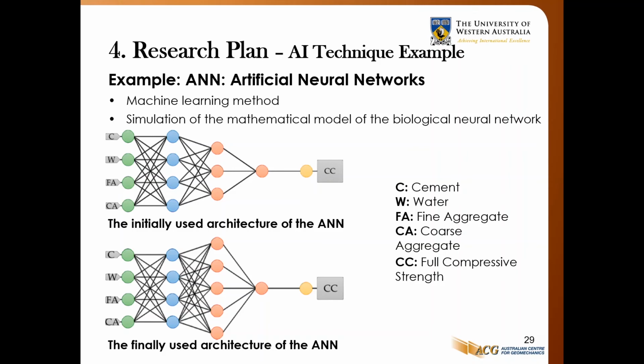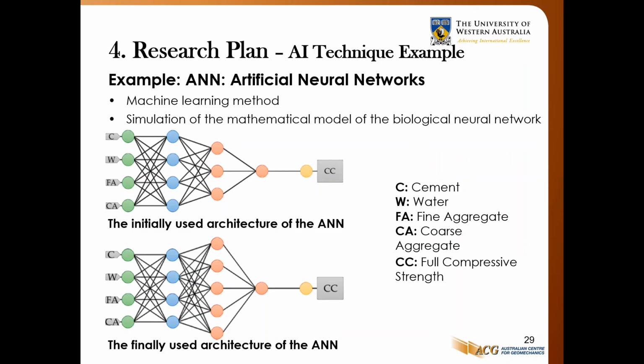Usually, for the ANN method, there are 3 kinds of layers: the input layer, the output layer, and the hidden layers. The complexity of the model is expressed by the hidden layers, so more hidden layers means a more complex model.